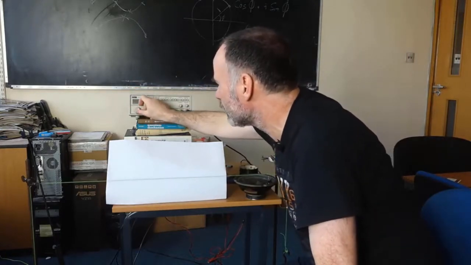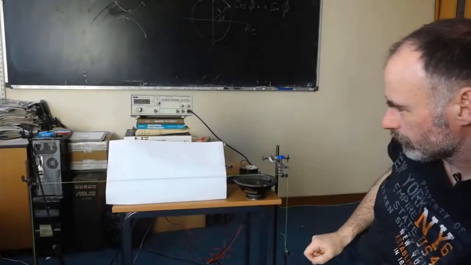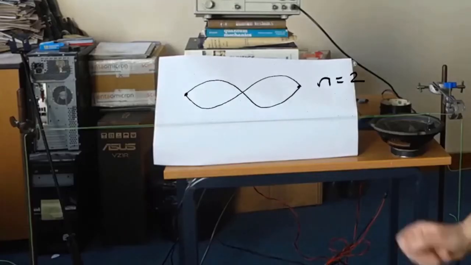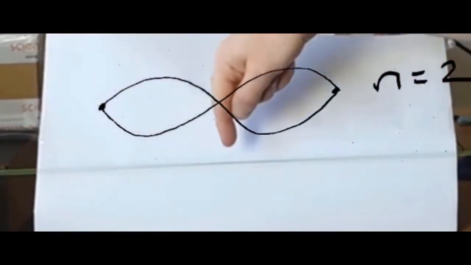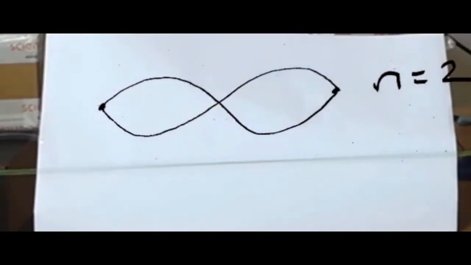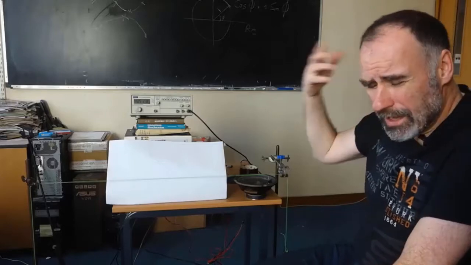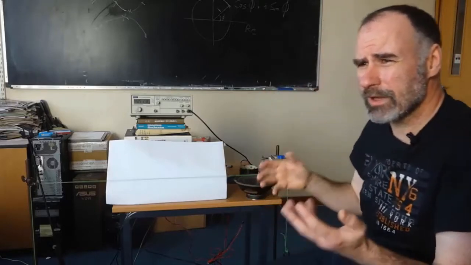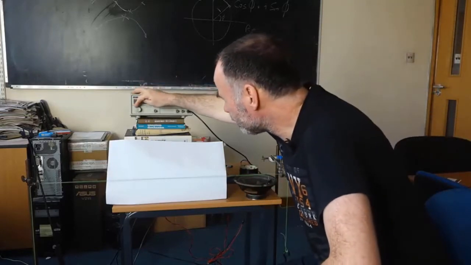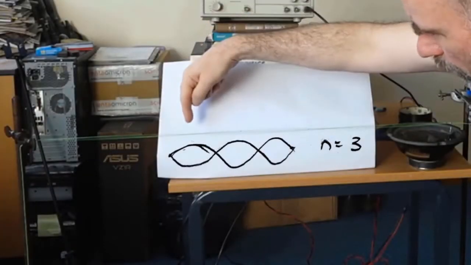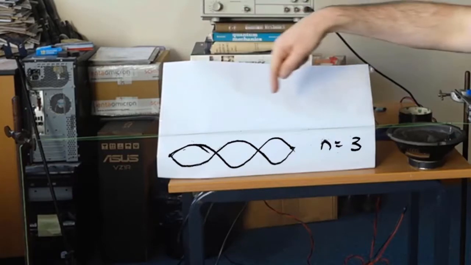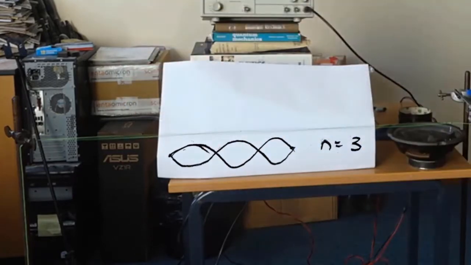See if we can find it. Okay, there's our second harmonic with our node in the middle. Antinode, antinode, node in the middle. Hope you can see all this. So we go to the next highest, which is going to be around about 70 Hertz. Node, node, antinode, antinode, antinode, third harmonic.